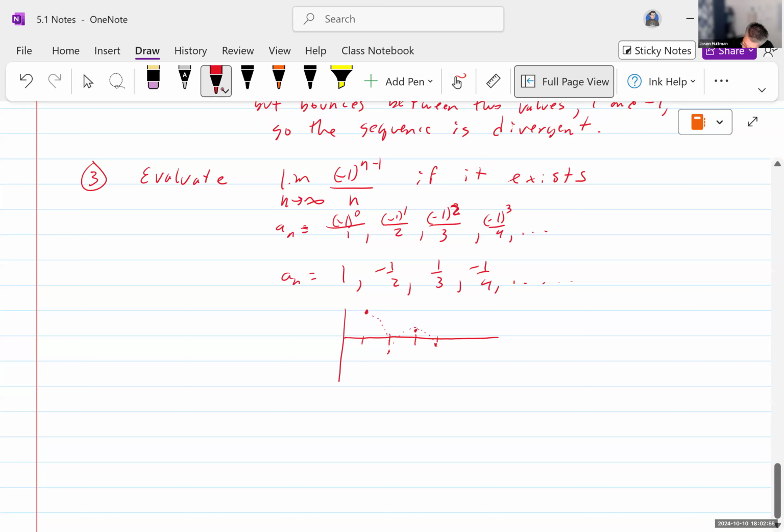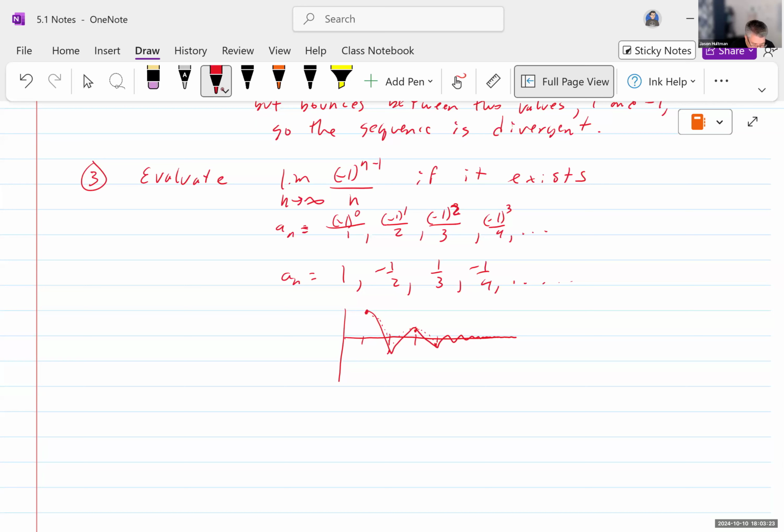It's going to keep bouncing, but it's going to get smaller and smaller as it bounces. So it's just going to keep alternating, but it's alternating around 0. So hopefully this thing is 0.